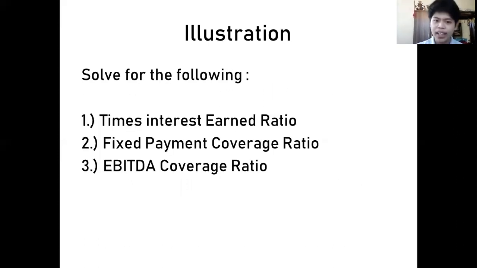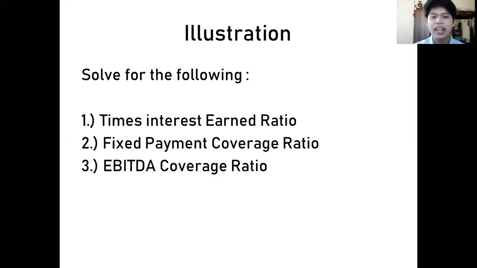Solve for the following. Number 1, times interest earned ratio. Number 2, fixed payment coverage ratio. And number 3, EBITDA coverage ratio. So alam ko, ito yung medyo mahirap i-digest sa lahat ng leverage ratio. So I hope na when we solve this, makikita nyo na kung ano yung differences sa tatlo.